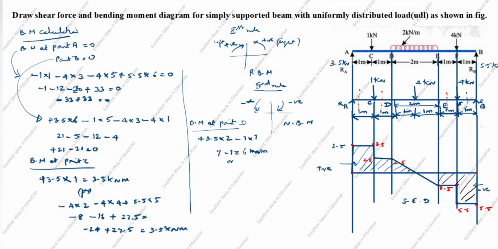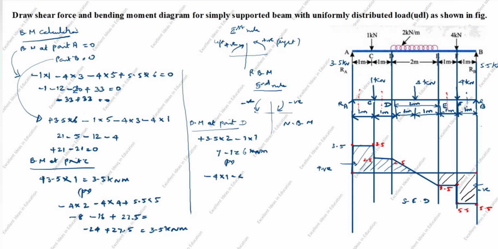Now we will calculate the right side. You see the arrow comes down from here to here. This is clockwise. Clockwise on the right side is negative. Minus 4 into the perpendicular distance up to D, which is 1. Next we will see this arrow comes down from here to here, which is clockwise. Clockwise is negative.